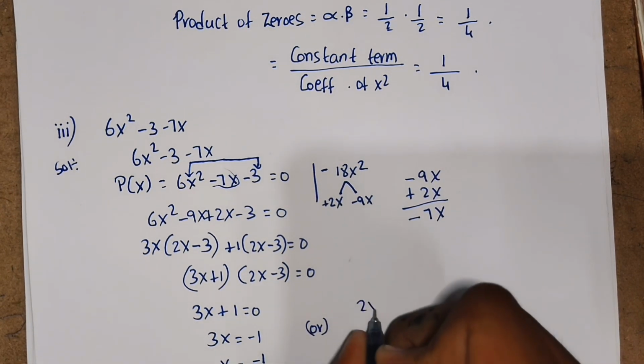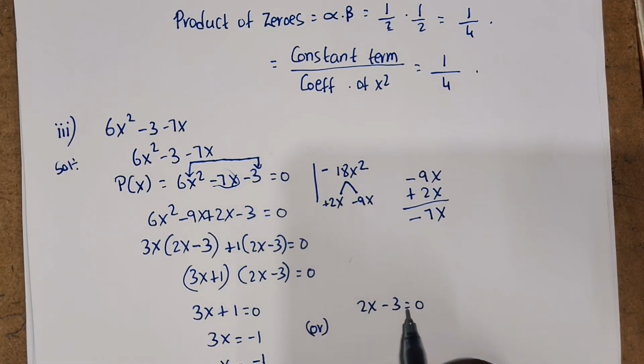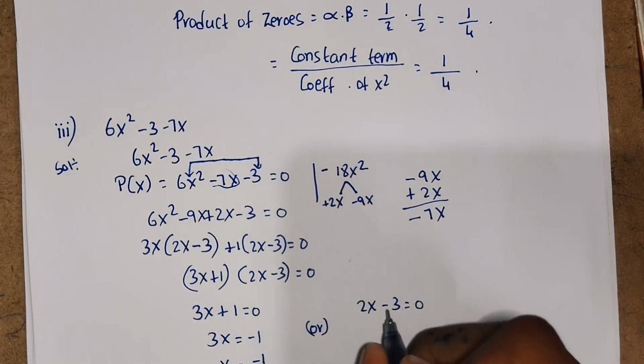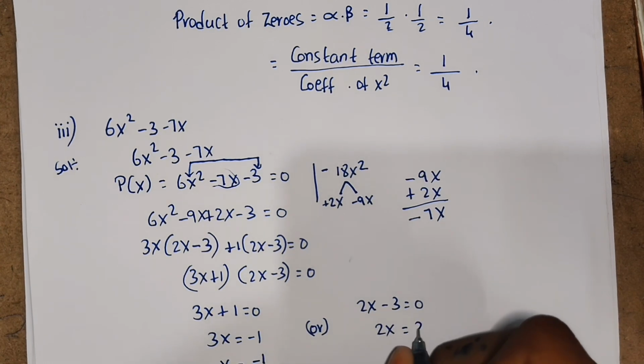Second one, 2x minus 3 equals 0. When 2x minus 3 equals 0, if we transfer minus 3 to the right side, we get 2x is equal to plus 3.